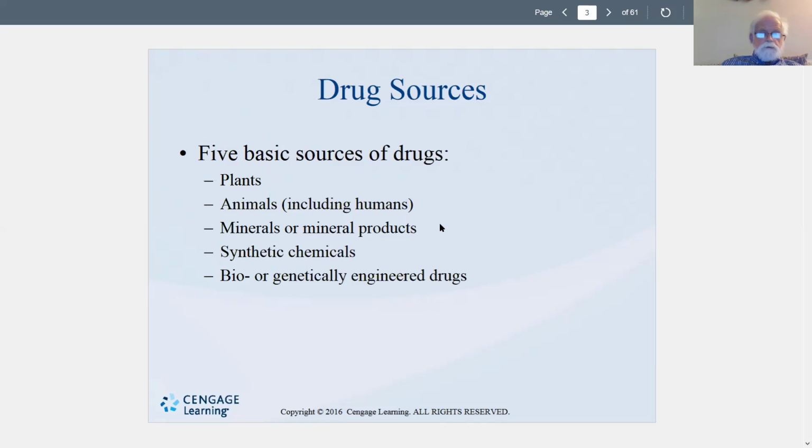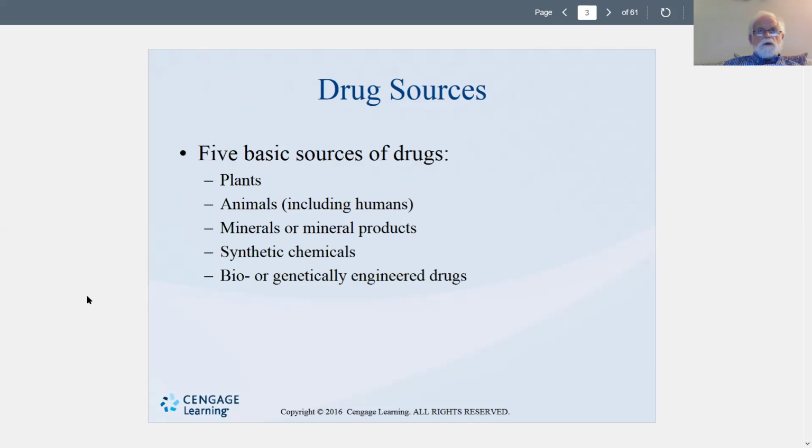So synthetic chemicals, these are most of what we see these days. We mostly manufacture products in a chemical manufacturing plant, and then prepare them, formulate them into drugs, and we'll talk about what that means shortly.